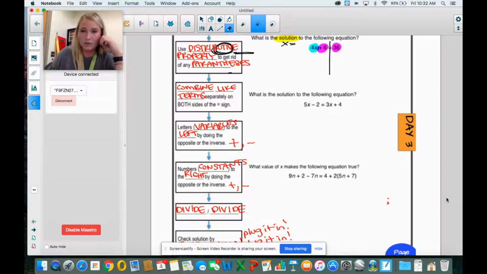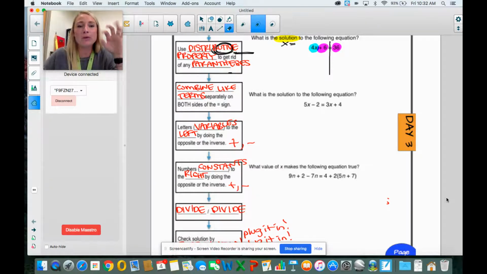Hopefully you can still see that. All right. So I said letters to the left. Now, do I have a blue over here with my 36? I don't. So all of my letters or my variables are actually already on the left. So step 3, again, we can skip.